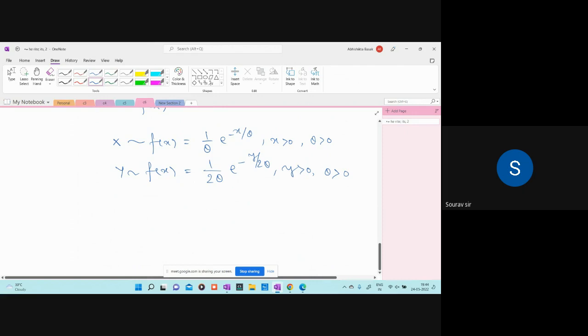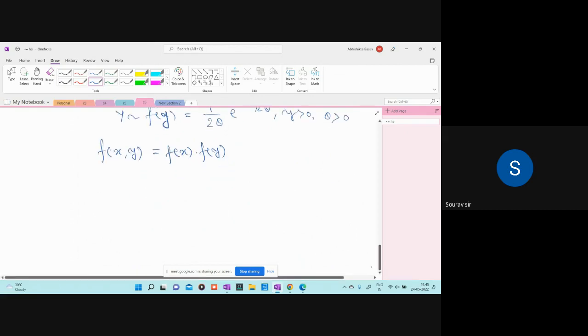So now what will be the joint distribution in case of x1, x2, xn? We write x curl. So can I write the joint distribution like this? f of x comma y. That will be nothing but fx into fy, since they are independently distributed. Obviously, they should be independently distributed, right?